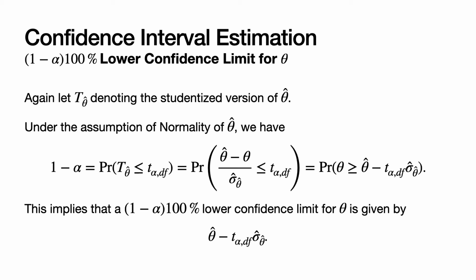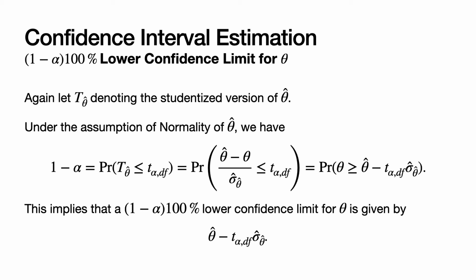And then if we manipulate things algebraically to get theta all by itself, we get the probability that theta is greater than or equal to theta hat minus T sub alpha comma df times sigma hat sub theta hat. That probability is equal to 1 minus alpha.